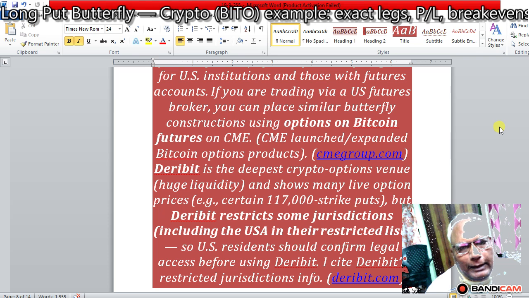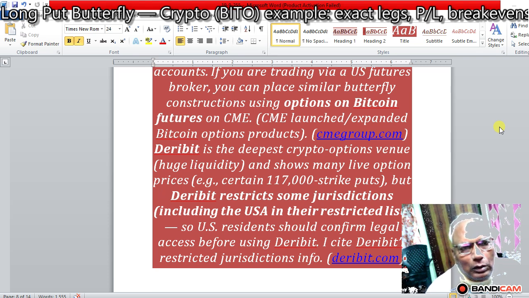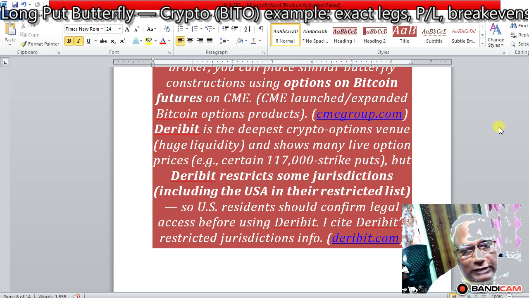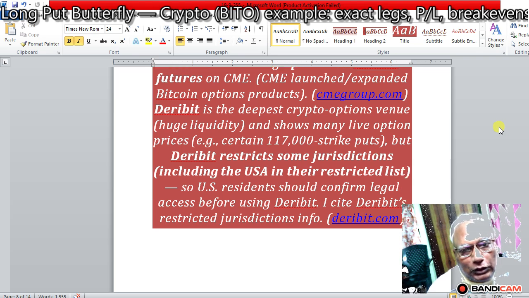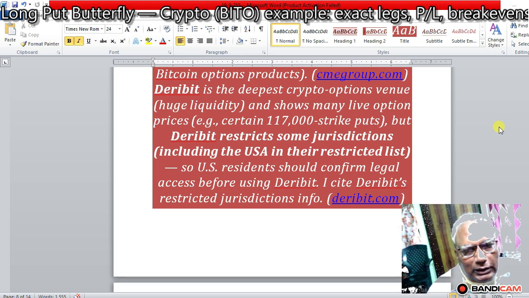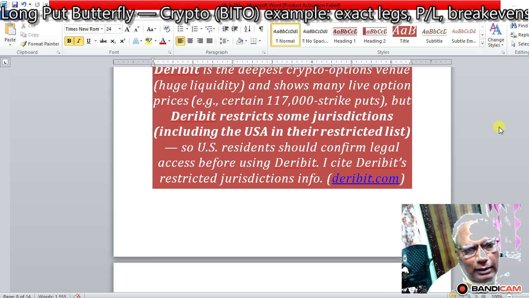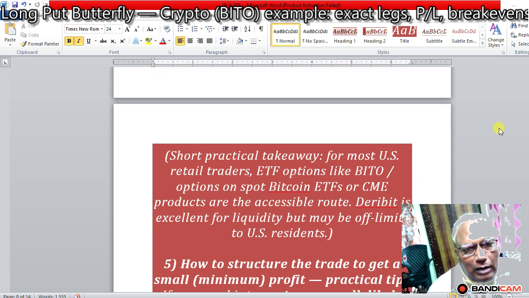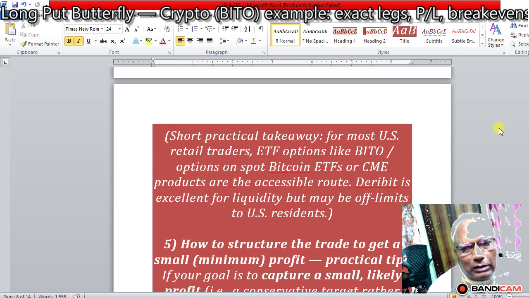Deribit is the best crypto options venue, has liquidity and shows many live options prices, but it lists some jurisdictions including the USA in its restricted list. So US users should check Deribit's restricted jurisdictions information. In short, the practical takeaway for most US retail traders is to use ETF options.